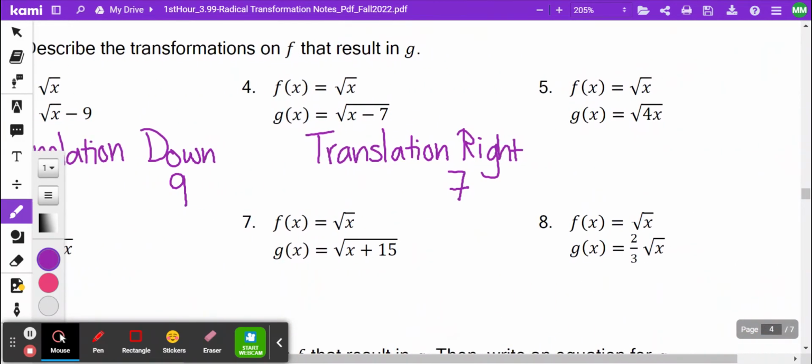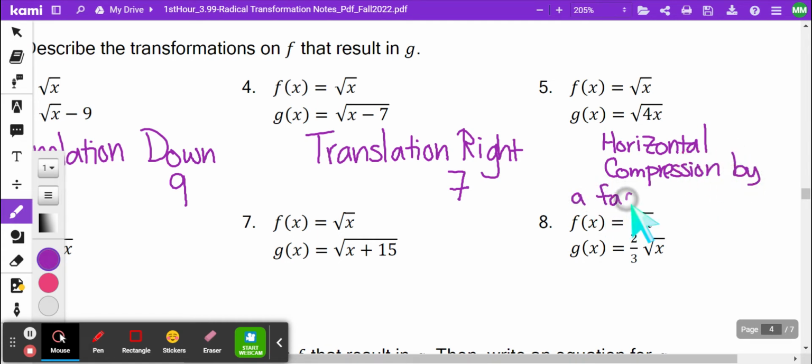So we're going to write that as a horizontal compression by a factor of, and instead of just putting it as 4, it's going to be 1/4. And that's because that 4 is inside the square root. So that's why it's written that way.